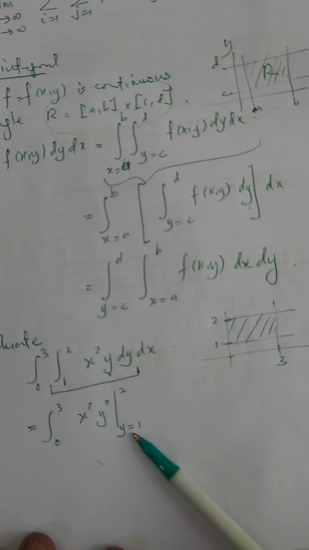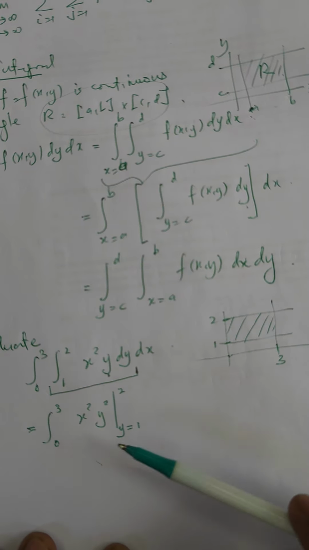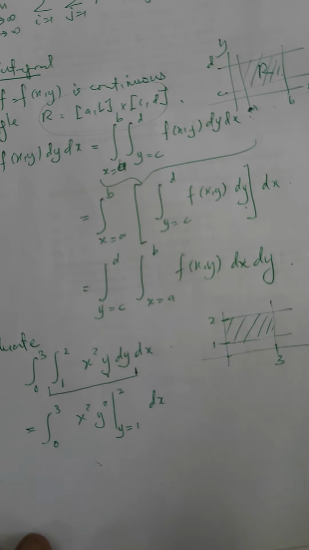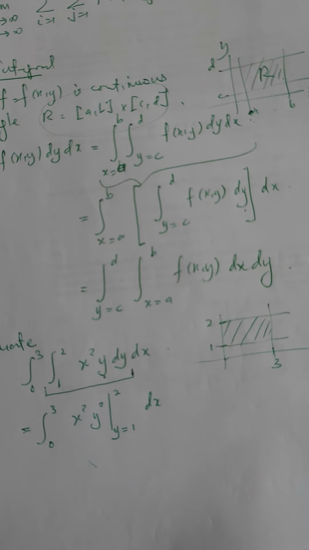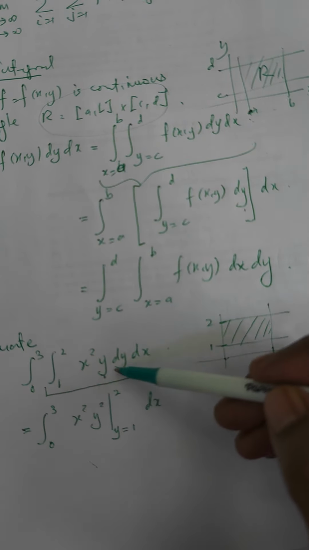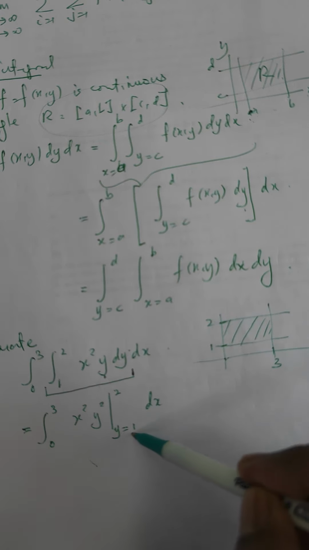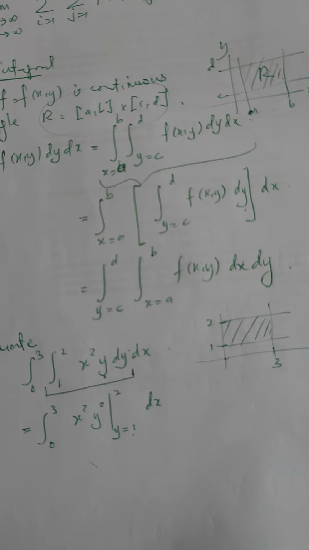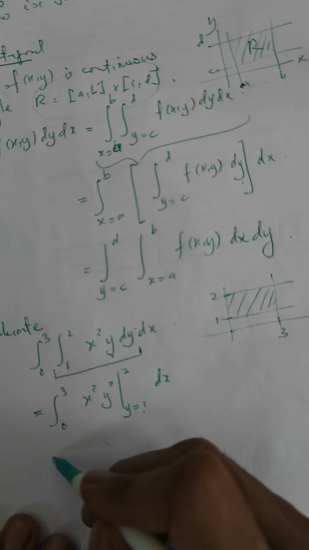Why do we need to put this y? To ensure that it doesn't confuse us between x and y. In this case, we evaluate the inner integral with respect to y, so the limit is for y. That's why I put y equal to 1, to avoid the confusion. Having done that, we evaluate the inner integral.